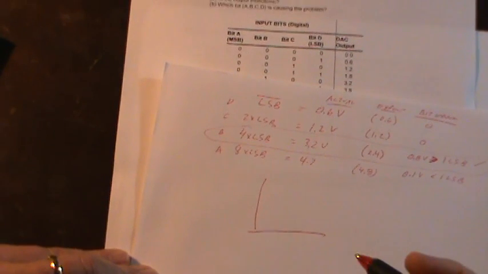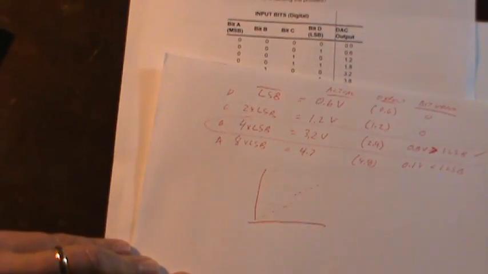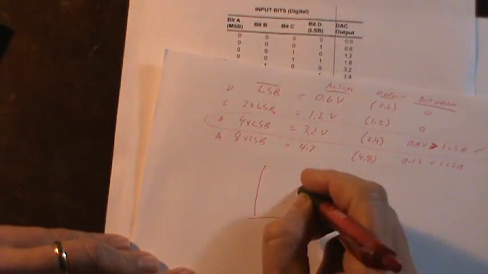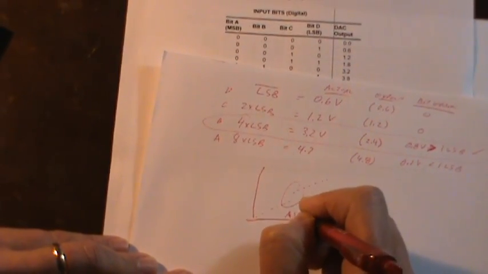We might see some sort of line, and then it shifts. It might shift down, it might shift up, but as long as it only shifted one time, then we would recognize this as being the MSB, the most significant bit.